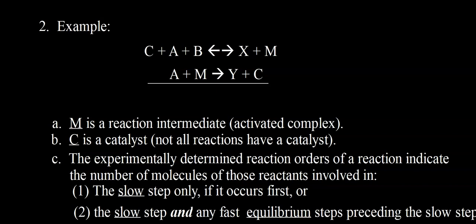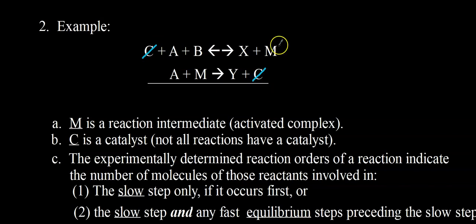So let's first start off with the overall equation for the reaction. We're going to use the same thing here that we use with Hess's law, where we cancel things that appear on opposite sides of our equations. So let's cross off some things. We have C as a reactant in the first step, and it's a product in the second step. So that's going to cancel.